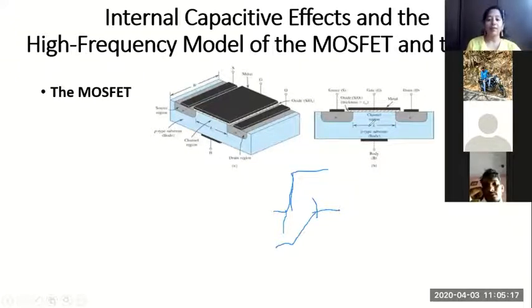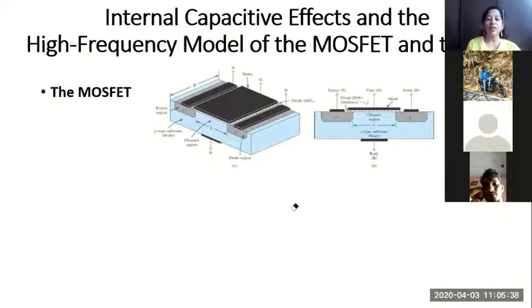And please note, these device capacitances will not have any effect at low or mid frequencies. So all these device capacitances will have effect only at high frequencies operation. Why so? Why does it have effect only at high frequencies?